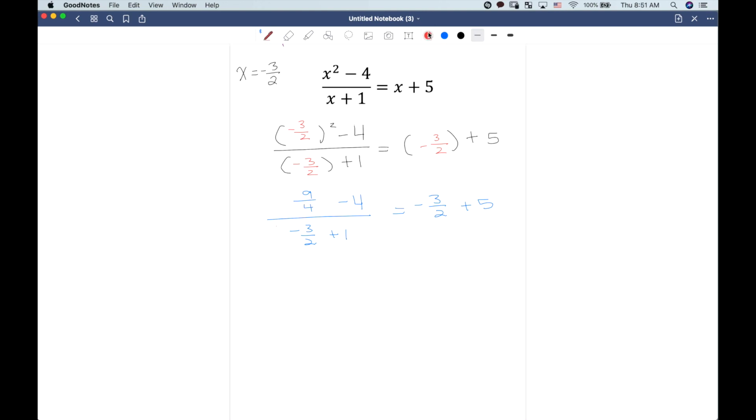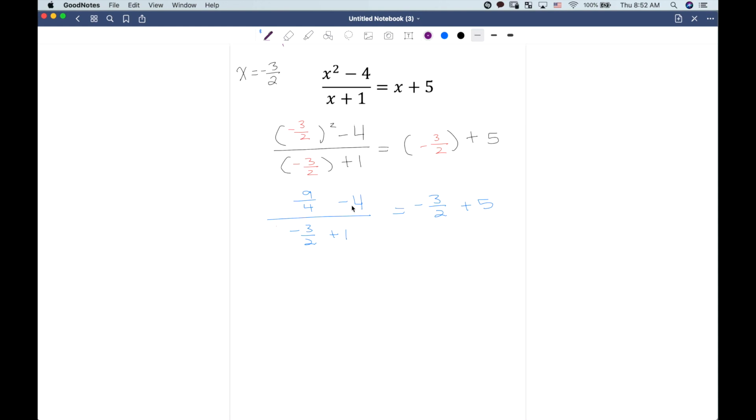Now what I'm going to do is, because the numerator is asking us to subtract, the denominator is asking us to add, this right side expression is asking us to add, I'm going to create all common denominators.